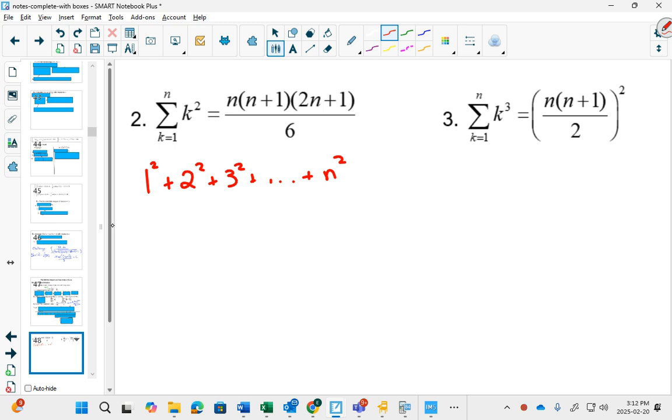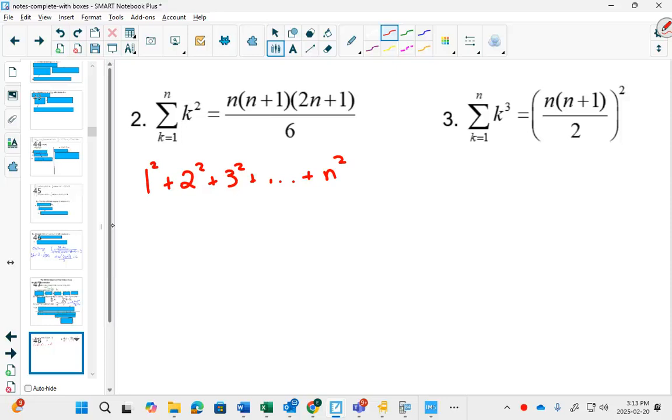You could add up to 10 squared, you could add up to 20 squared, you could add up to 30 squared. It will always equal, right, if I wanted to add up to 10 squared, it'll be 10 times 11 times 21 divided by 6. That's a crazy formula, right? If that intrigues you, look up some proofs. Why does that work? How does one find that?